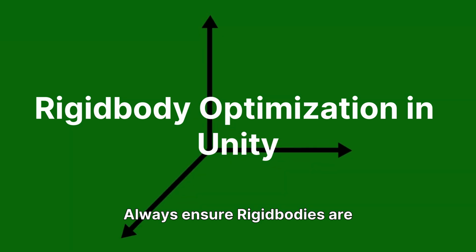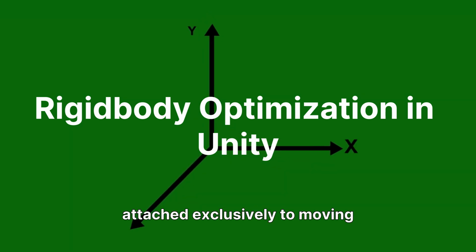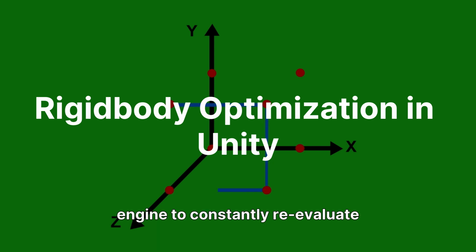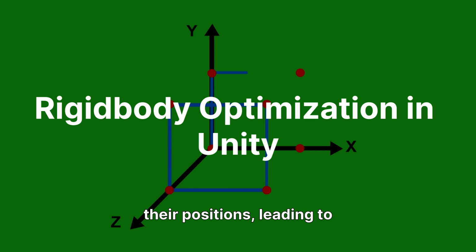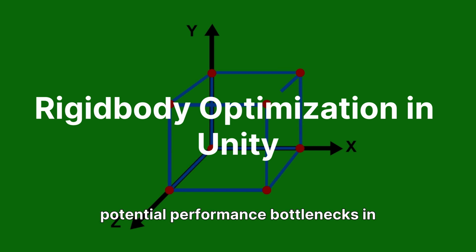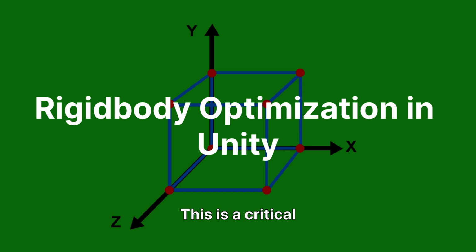Always ensure rigid bodies are attached exclusively to moving objects that require physics simulation, not static environment pieces. Attaching rigid bodies to static objects forces the physics engine to constantly reevaluate their positions, leading to unnecessary computational overhead and potential performance bottlenecks in your game. This is a critical optimization for efficiency.